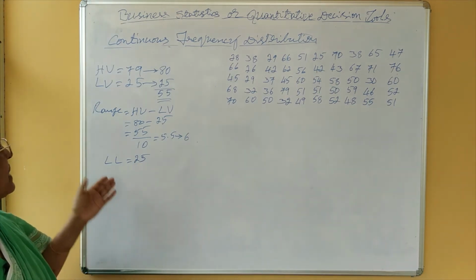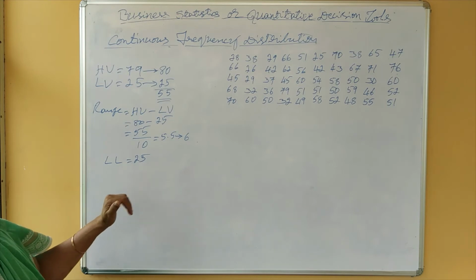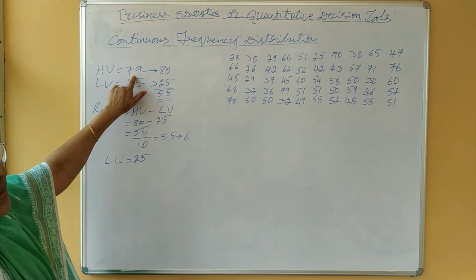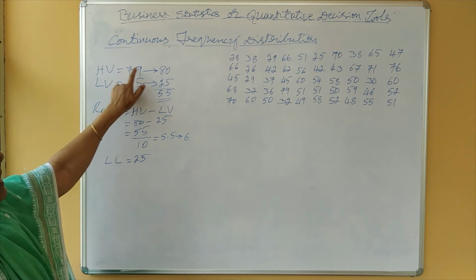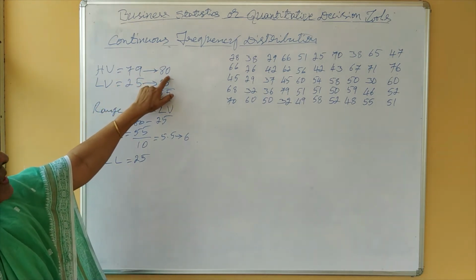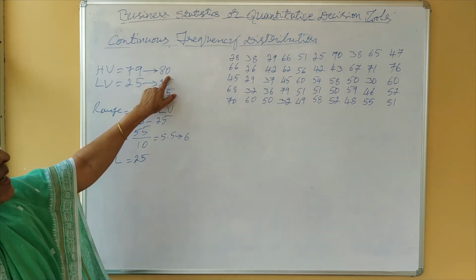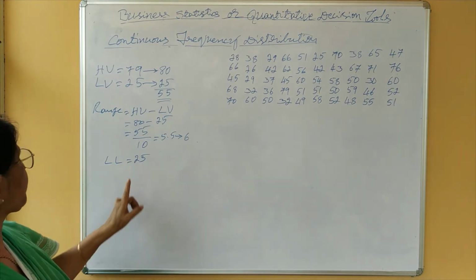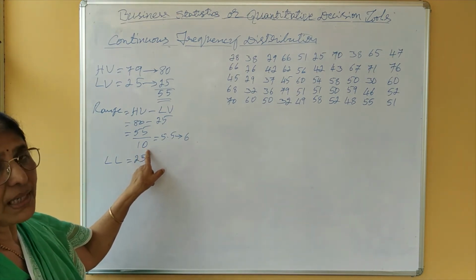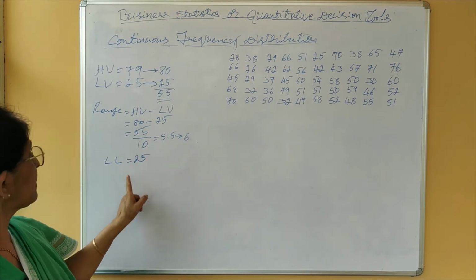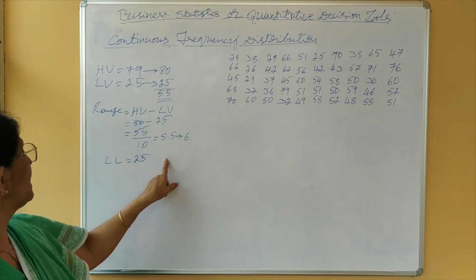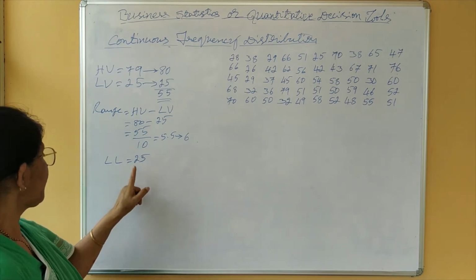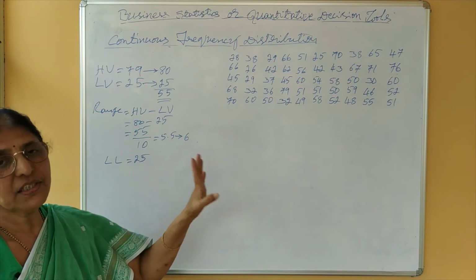Then, what is the upper limit of the last class? The last class should cover the highest value given in the problem. Highest value is 79. Therefore, if you take 80 as upper limit of last class, this will be covered. Therefore, we may take the classes. Here you should keep in mind class interval is 10. That means lower limit of the first class is 25. Upper limit of the class is 25 plus class interval.